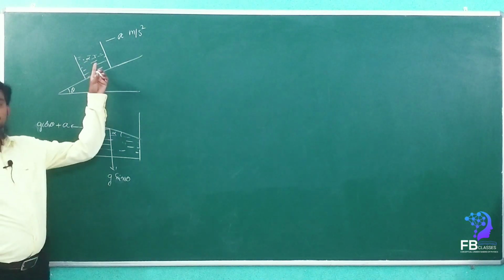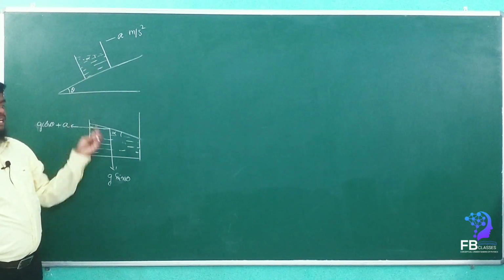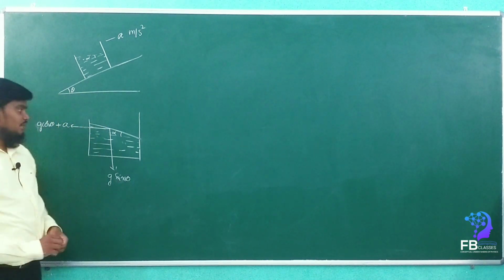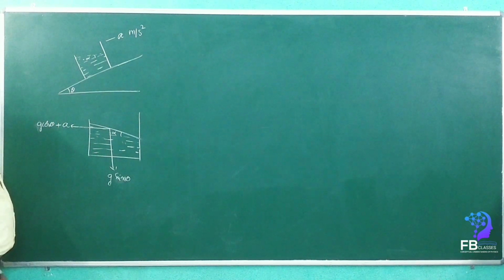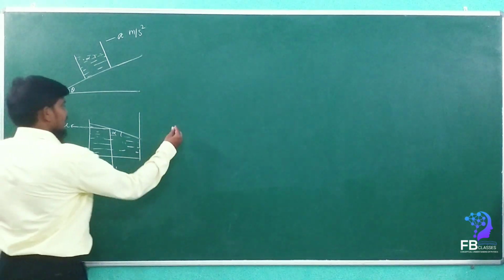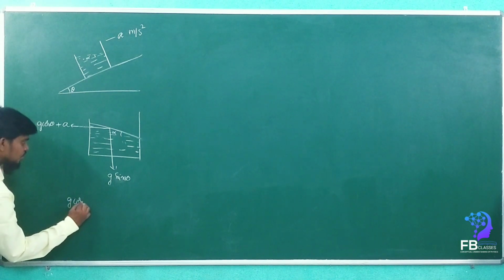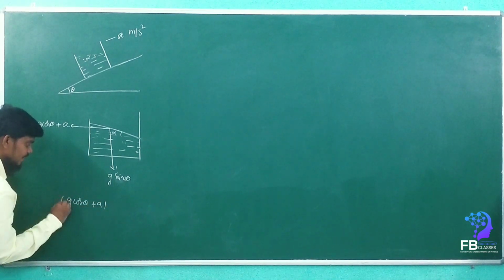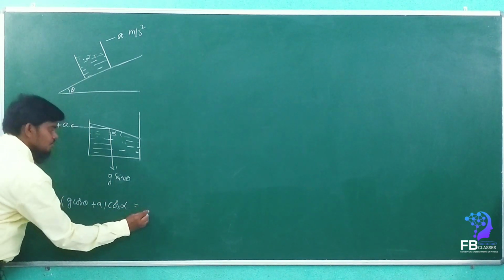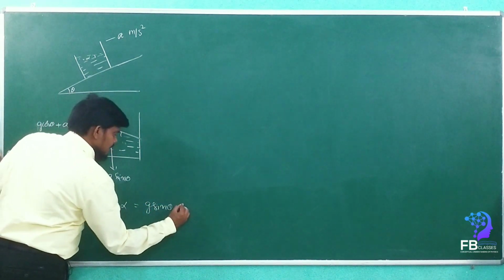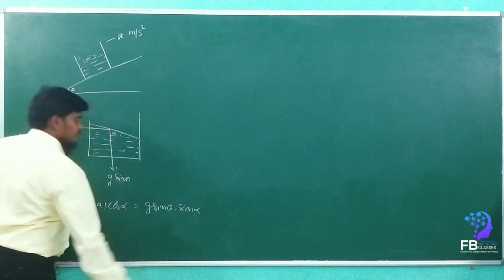The g value we take as components, g sin theta and g cos theta, along the inclined plane, then we can solve the problem easily. So simple. Still now, see here, what will the answer be? g cos theta plus a into cos alpha is equal to g sin theta into sin alpha.